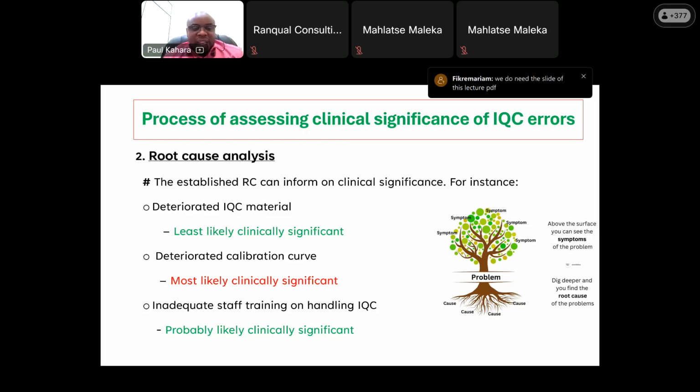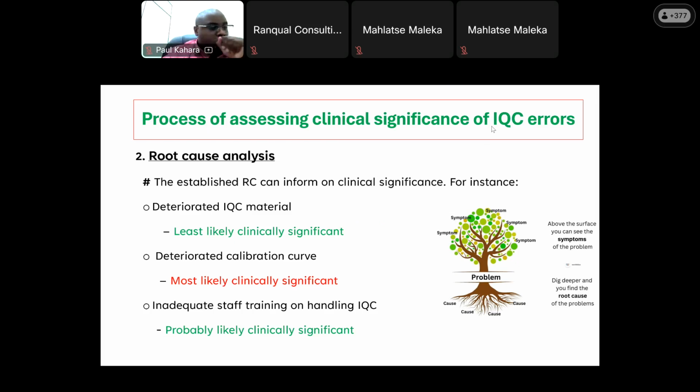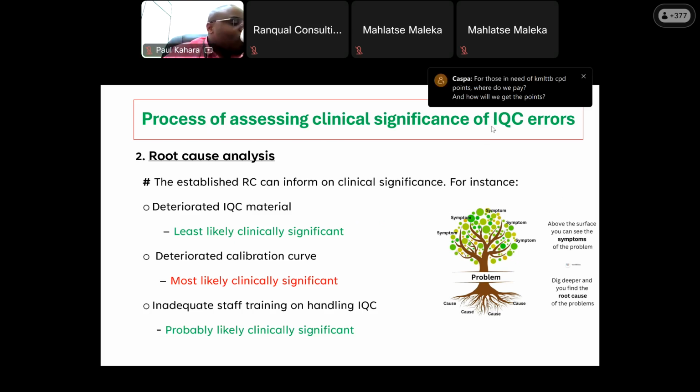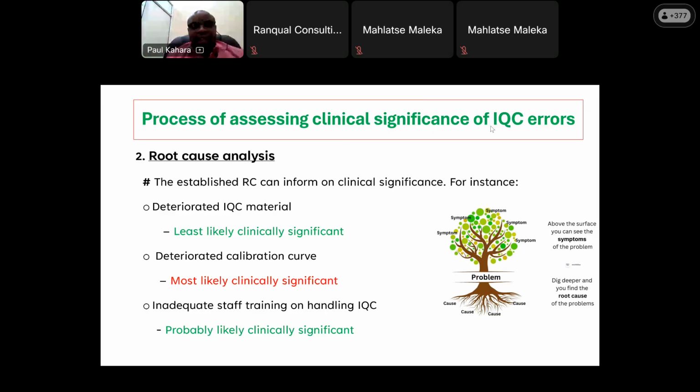For example, if you establish that one of your root causes is deteriorated IQC material, at once you will realize that if the issue is only the IQC itself, it is likely that the patient results were not affected.